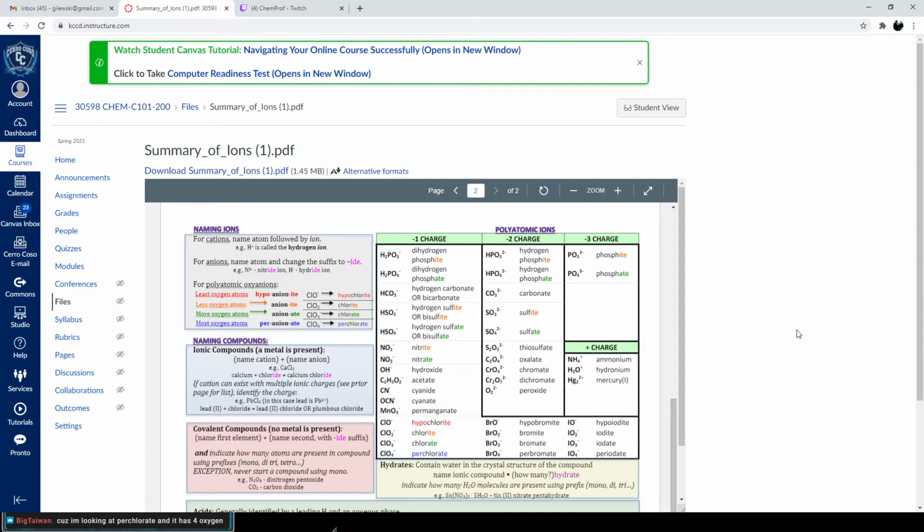But unfortunately, that's not the way it is. So all the ate forms, if you memorize them, will have different numbers of oxygens. But once you know the ate forms, then you can get the ite forms from them. Even if these have ites and ates, they can have different numbers of oxygen. But if you're comparing the same base, like nitrate and nitrite, that's where the difference is. Cool, happy to help there.